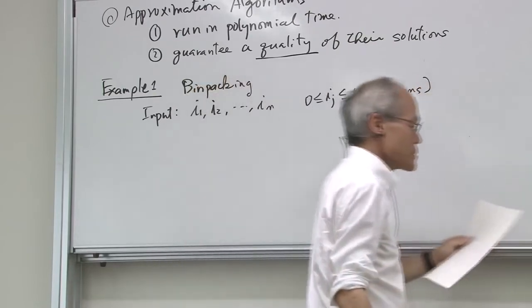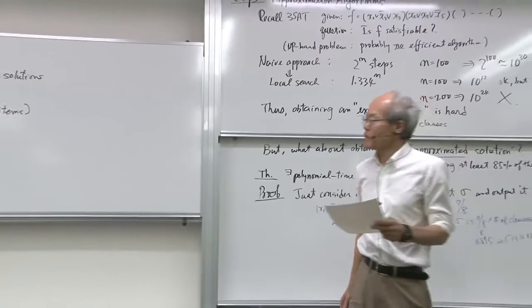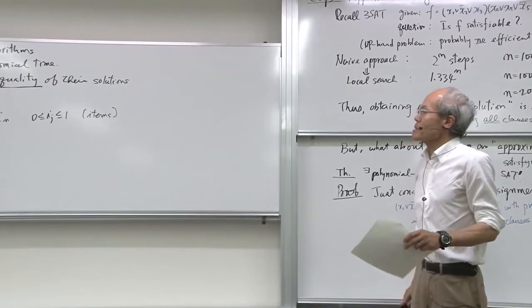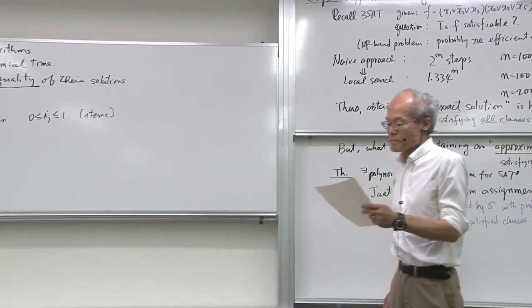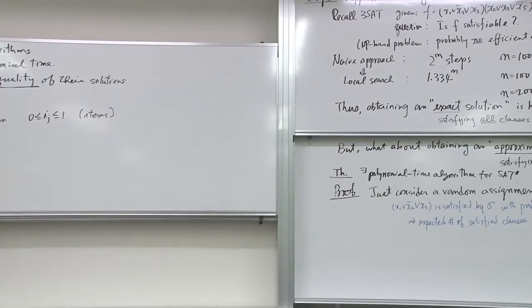We call them items. So our input is just a set of items. That's just a number between 0 and 1. A problem.